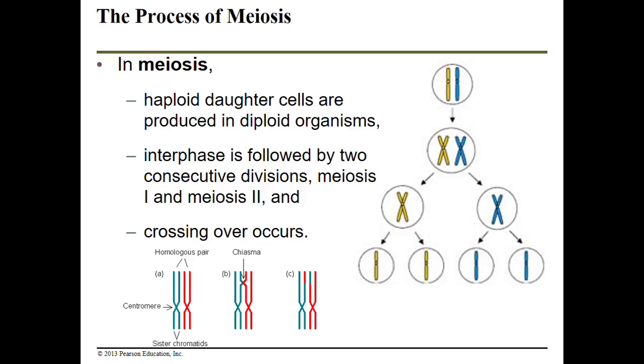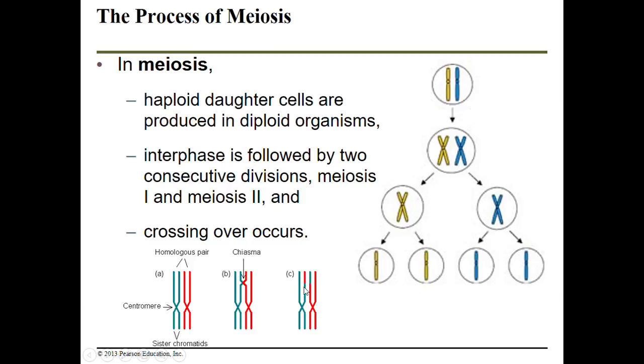What happens is we end up with 4 haploid cells with only 1 copy of each chromosome. What's super cool is that crossover occurs during meiosis, and although both of these right here are yellow, they are not identical. Crossover happens, in this example right here, when homologous chromosomes are touching and a part of each chromosome gets switched. The chiasma is what it's called, where that switching occurs.